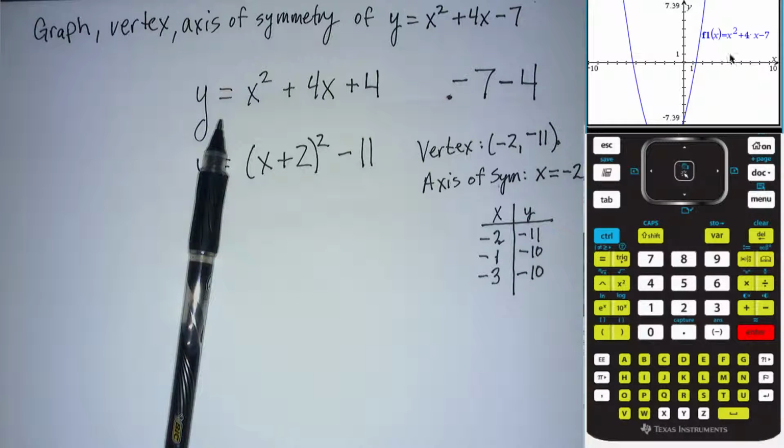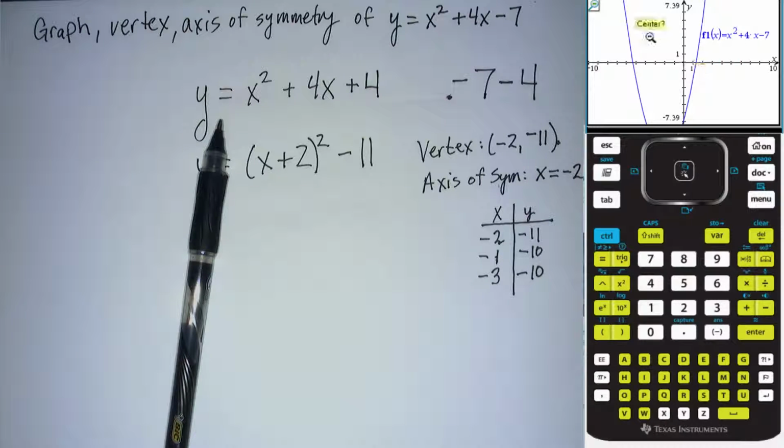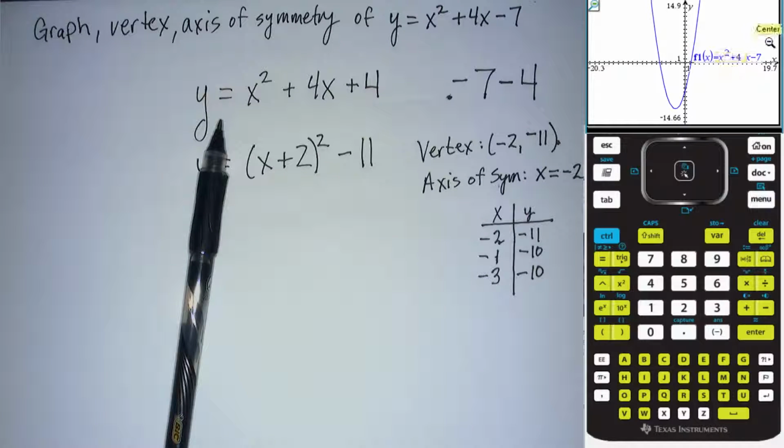So let me zoom out here. The only problem is when you zoom out, you kind of lose your scale. But the bottom here is 14, so you can kind of see that that's negative 11 right here. And then definitely the x-coordinate is negative 2. So this is the graph of y equals x squared plus 4x minus 7.